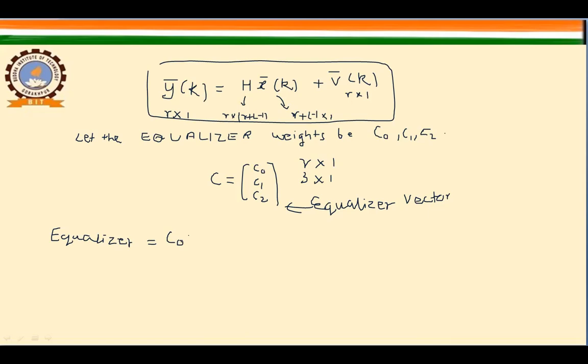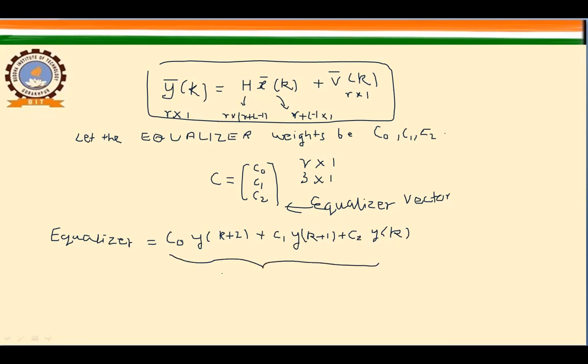So it is the product of weight multiplied by the received signal at time k plus 2, weight of C1 multiplied by y of k plus 1, plus C2 y of k.